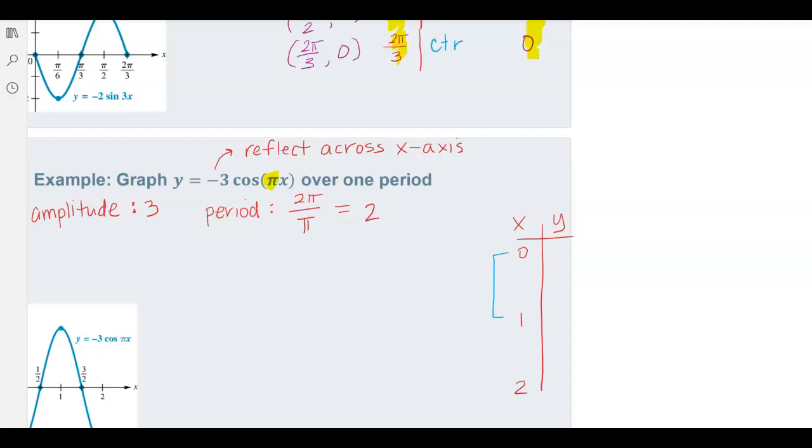If I find the halfway point between 0 and 1, that'll be 1/2. And then the halfway point between 1 and 2 is 1.5, or we would write that as 3/2.